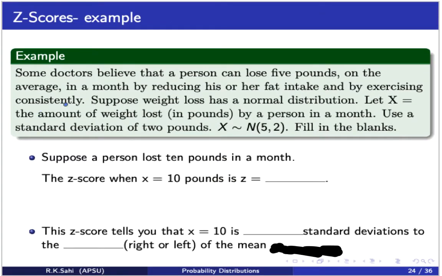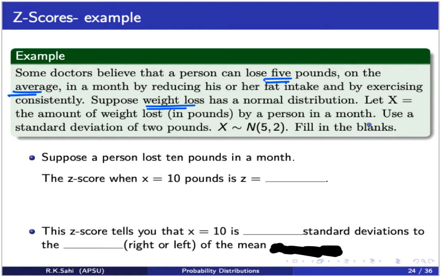The example is: some doctors believe that a person can lose 5 pounds on average in a month by reducing his or her fat intake and exercising consistently. On average, you're losing 5 pounds, so that's the mean. Suppose weight loss has a normal distribution. The random variable is the amount of weight lost in pounds by a person in a month.